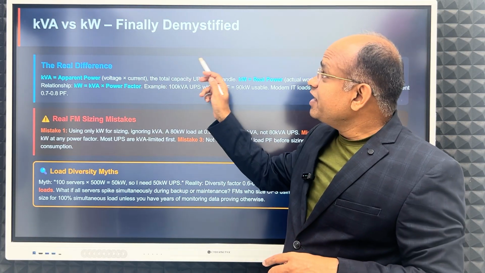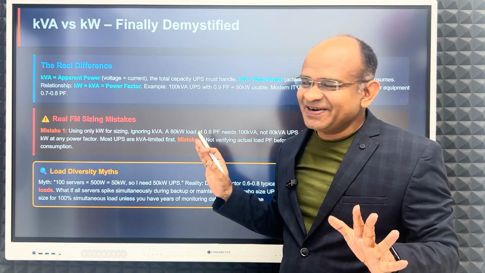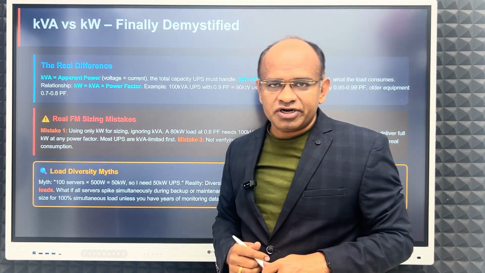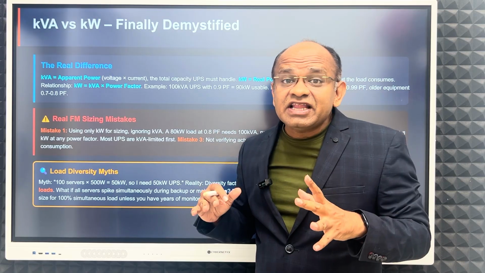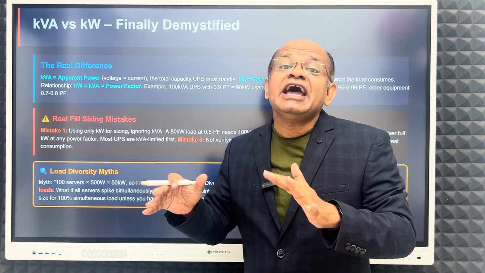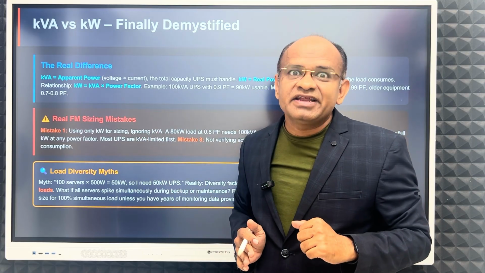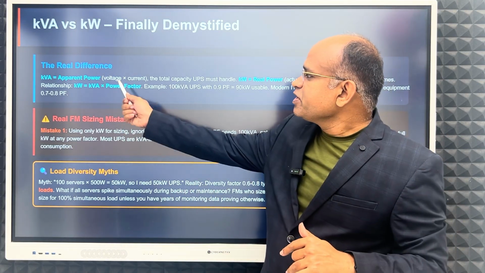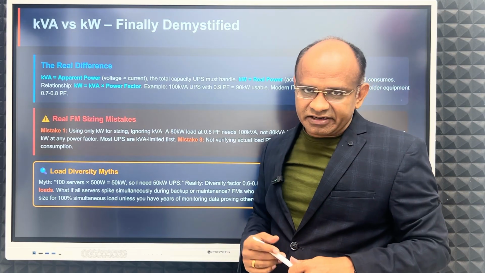Finally demystified. The real difference: kVA is apparent power. It looks like real power, but it is not. It appears like real power, so it is called apparent power. It is not real power. It is voltage multiplied by current.